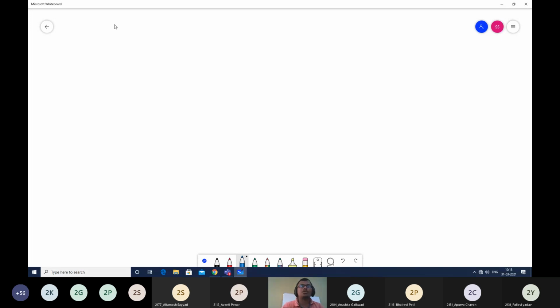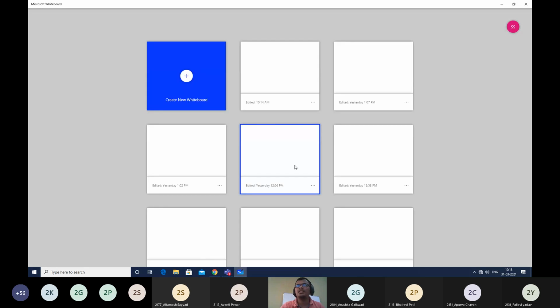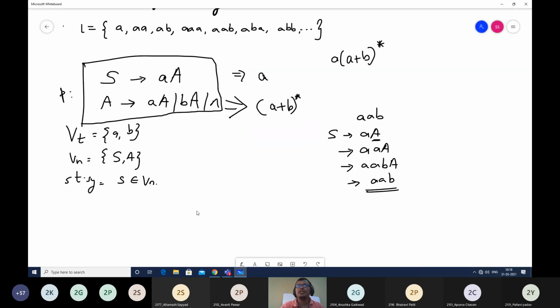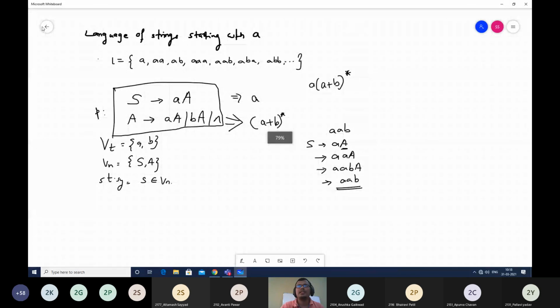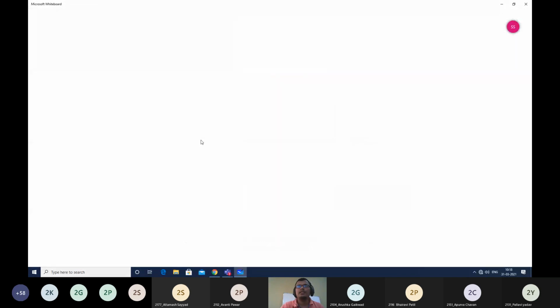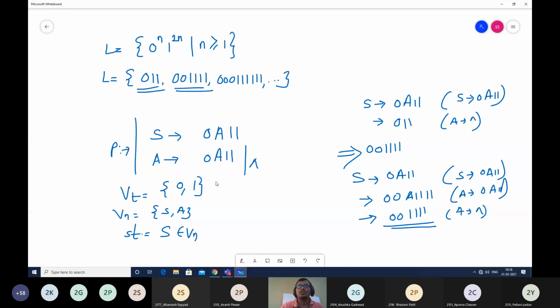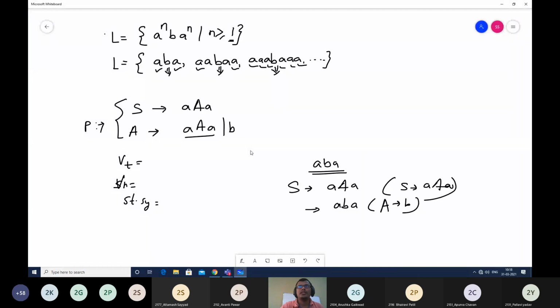Just to quickly recollect, in yesterday's lecture, we had seen some problems like the language of strings starting with A. Then we constructed 0 raised to n, 1 raised to 2n. Then we also constructed a raised to n, b, a raised to n.